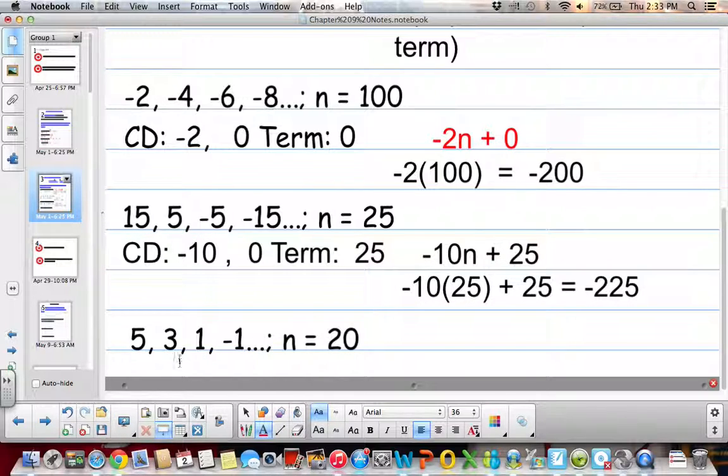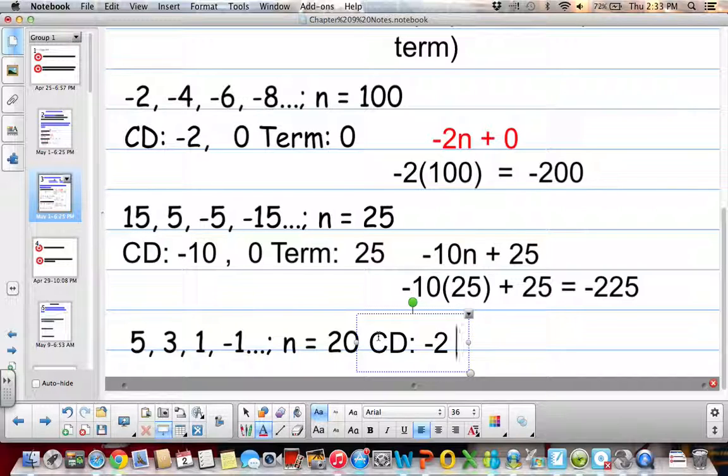Here we have our common difference. Our common difference is decreasing by 2. Our 0 term would be 7.